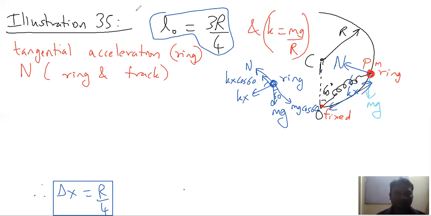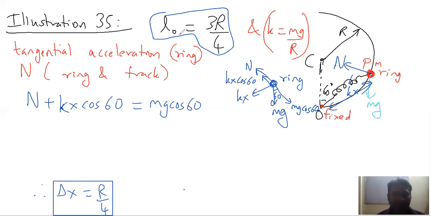So if I consider Newton's law equation, we will have N plus Kx cos 60 equals mg cos 60. N and Kx cos 60 are towards the center, and mg cos 60 is in the opposite direction.